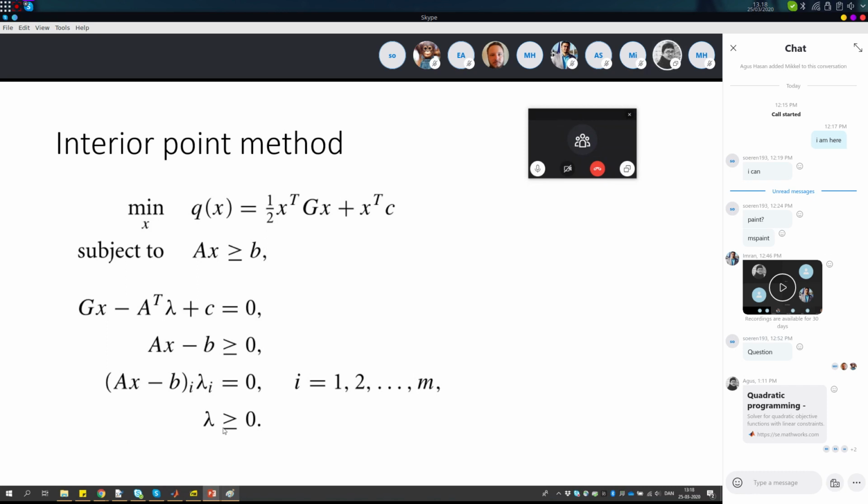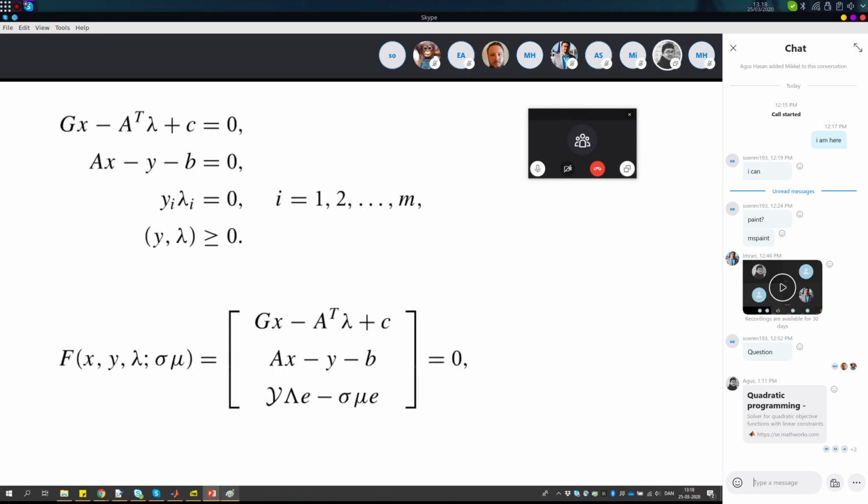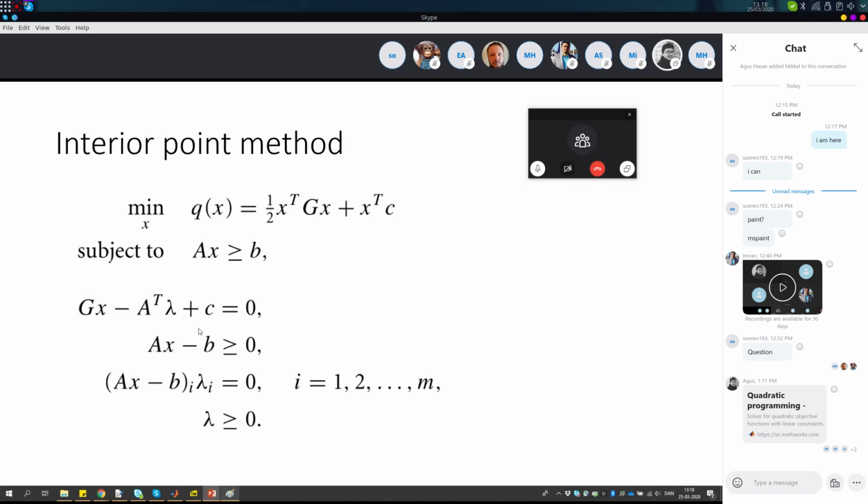And then just like last week, we introduced what we call a slack variable, because we want to solve this using Newton's method, meaning that we somehow need to change the inequality to equality.